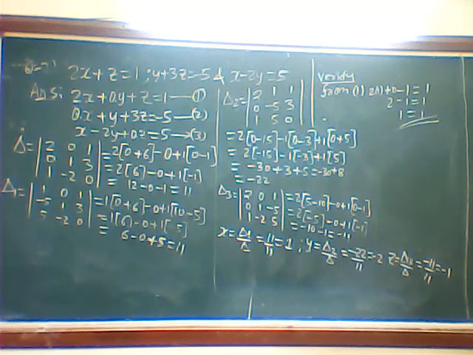Adjoint of a matrix. Minor of an element, co-factor. Then adjoint of a square matrix, singular, non-singular.